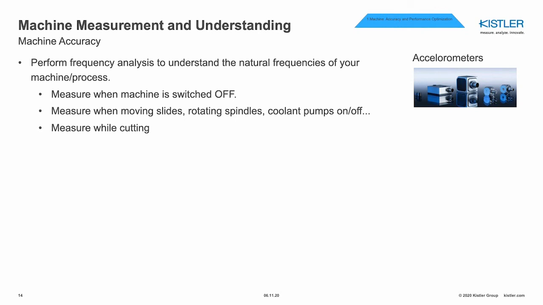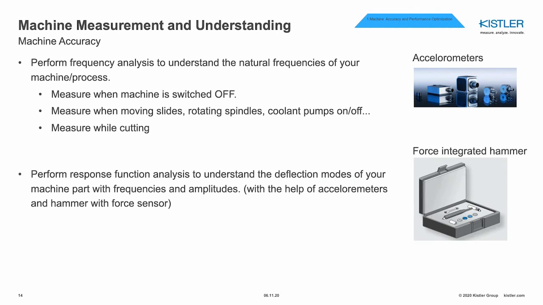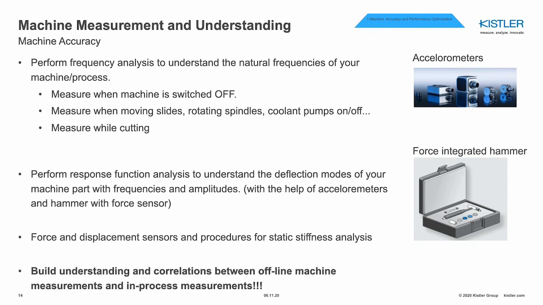If you want an even deeper understanding of the deflection modes, then you can utilize the hammer with the force. In this case, as we said before, you can utilize force and displacement sensors and procedures for static stiffness analysis. And the idea here again, I want to mention, is to build understanding and correlations between offline measurements and in-process measurements. That is crucial.